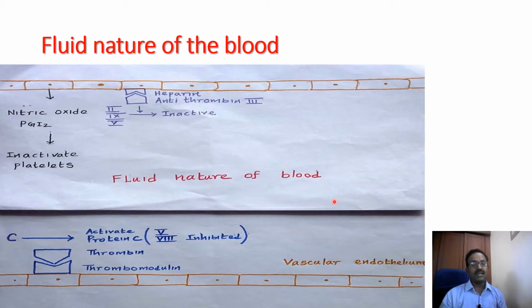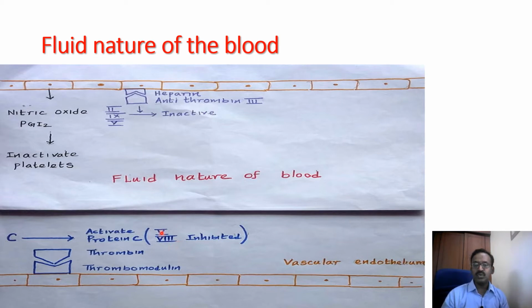The third mechanism is thrombomodulin, which binds with thrombin. It activates the protein C activators, so inactive protein C is converted to active protein C. This inhibits the coagulation factors 5 and 8.